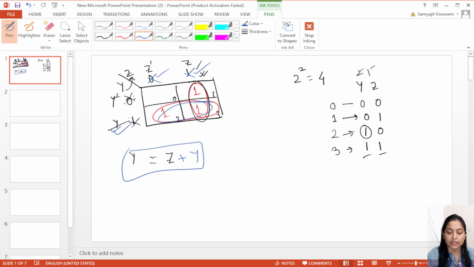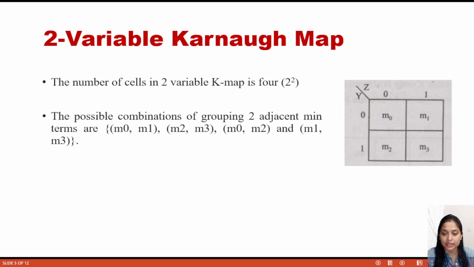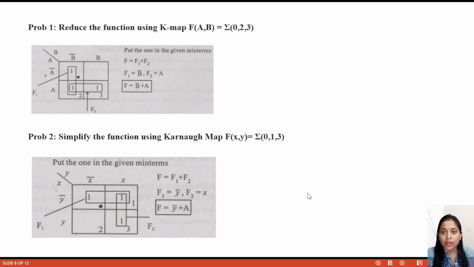Next we will do some more examples, then I think it will be clear for all of you. Now I am taking another 2 examples. The first example I have given is summation of 0 to 3.